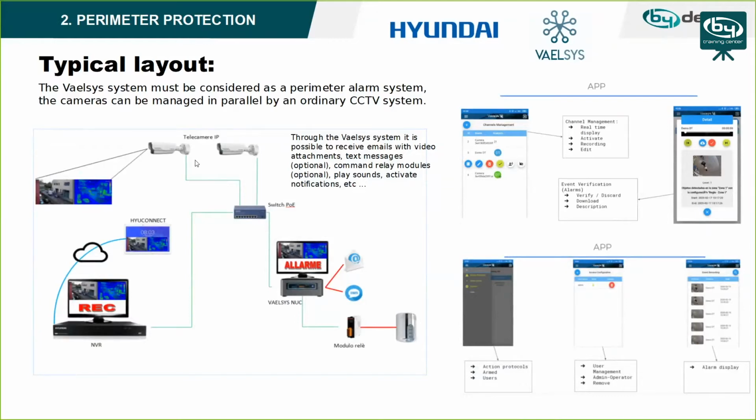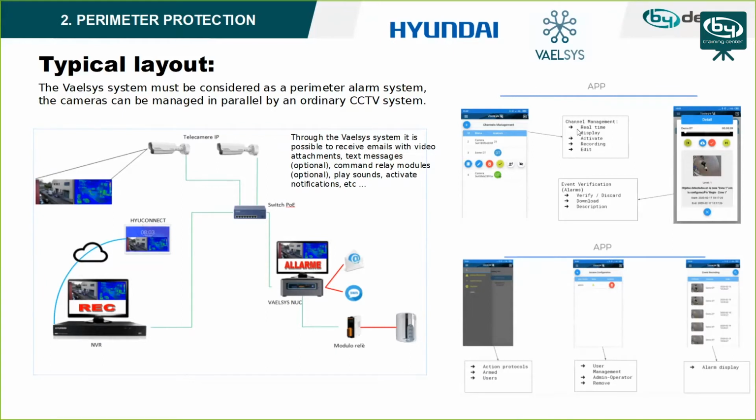Yeah, that's how it's called, NUC, which is able to give you certain video attachments through emails of certain events happening, or text messages, or you can even have a certain relay connected to it, which can play sounds, activate notifications, etc. And here on the right side, you can see a glimpse of how the mobile app would look and what options you would have with it.